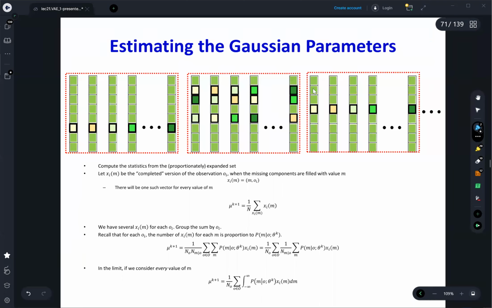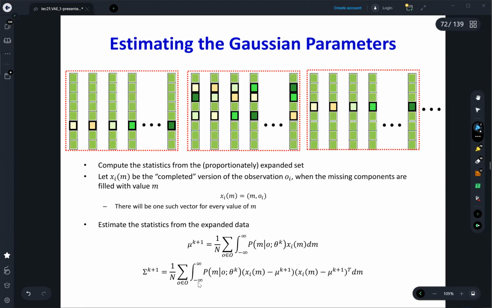And so if you filled in everything that way, then now you have a large collection of completed data. And from these completed data, you know what these values are. Each of them is filled in proportion to their posteriors. You can plug all of those into a formula, and it turns out that when you work your way through the math, using these completed data, we know exactly how to compute means and variances. You're going to get a formula for the mean, and a formula for the variance. I haven't actually worked it out over here.